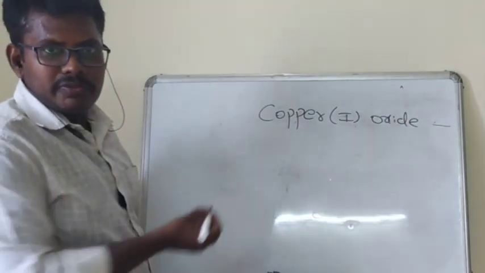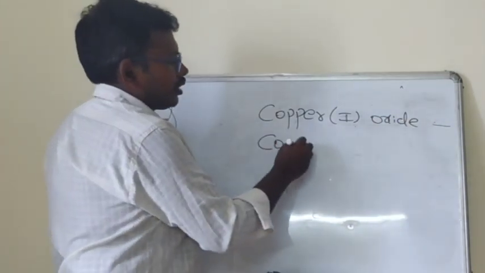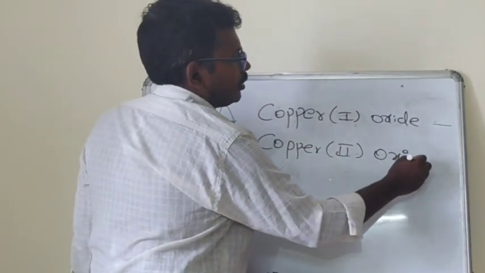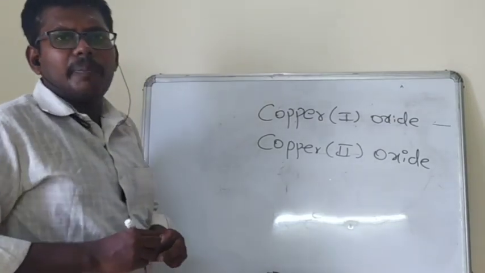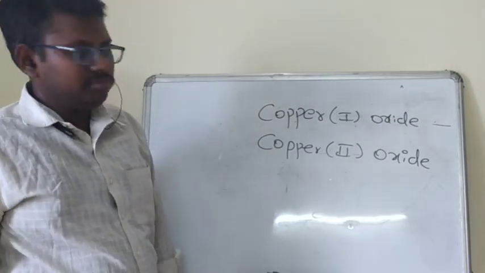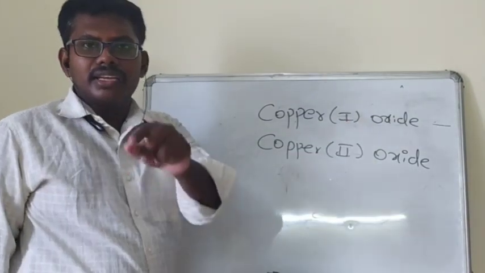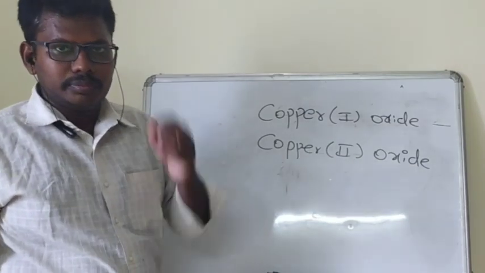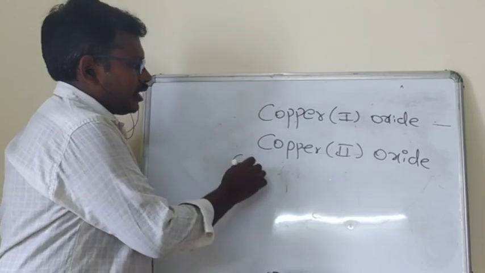If the valency is 2, they will write copper 2 oxide. Copper 1 oxide with valency 1, copper 2 oxide with valency 2. So now we will see one more example.